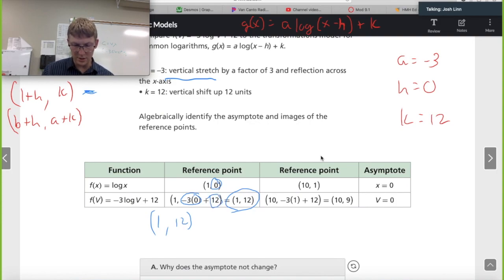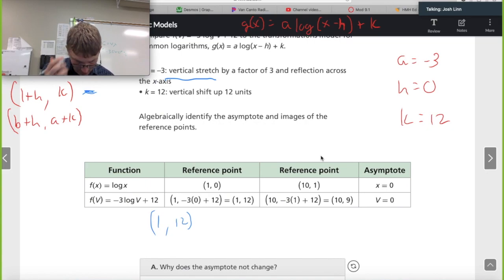That's all well and good, but because our initial reference point is 1, 0, it's always going to be that. So you can just use this formula right here and be done with it. I'm personally not sure why they go through it, but they're probably just trying to show you that they are using all versions of the information.